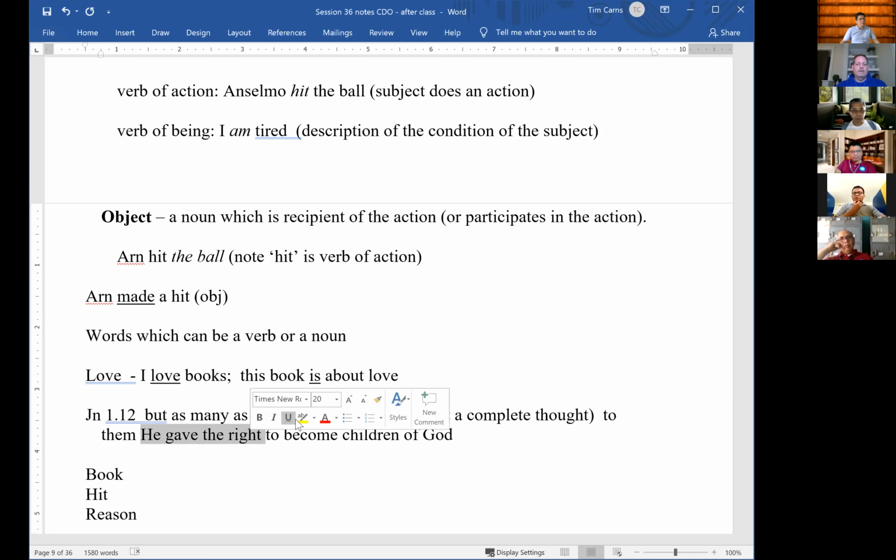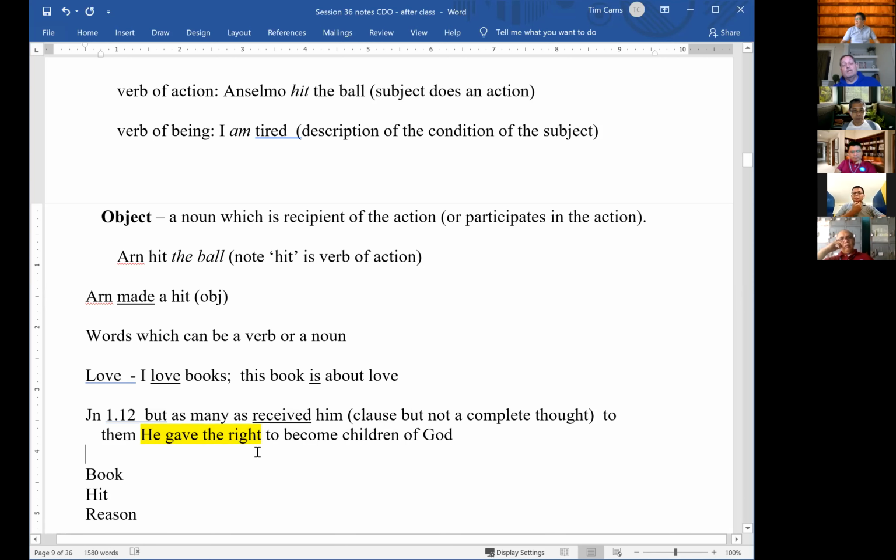That's your main sentence, your main clause, your subject and verb and object in this case, right? Which right? To become. So that would be your, but he gave the right. That is the main sentence here.